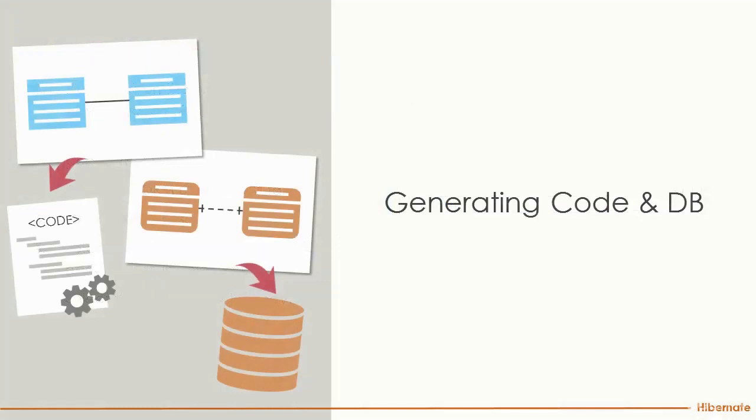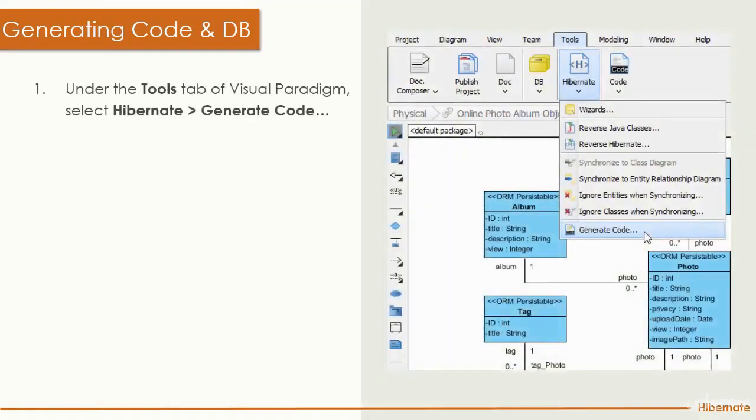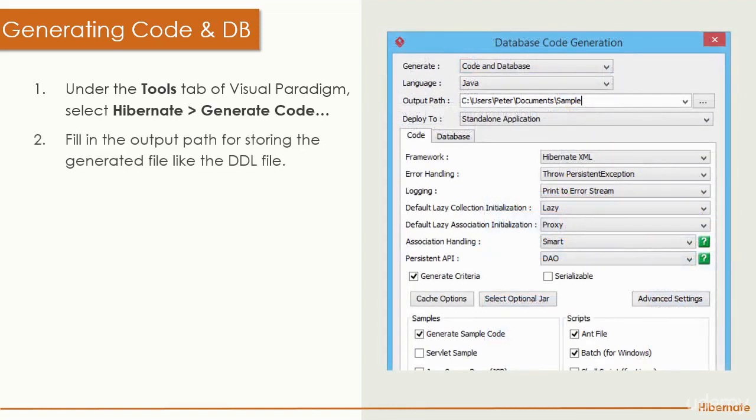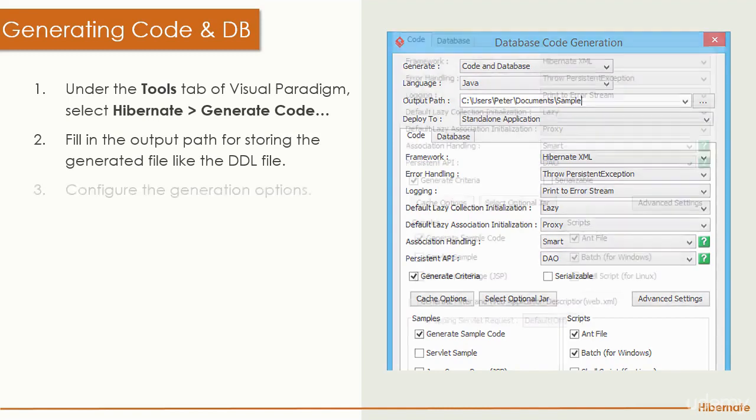Okay, now we move on to talk about how to generate the Hibernate code. To generate the Hibernate code, you just go to the Tools tab in the menu, select Hibernate and click Generate Code. And then you select the output path for the generated source code. If you are using an IDE like Eclipse, it's easy. You just point to the project file.